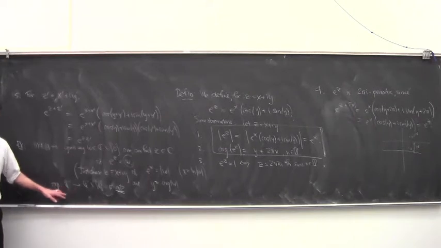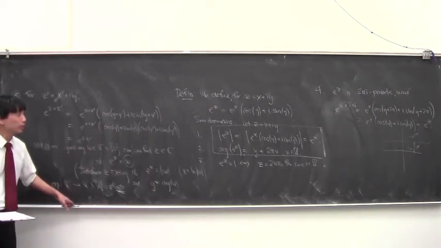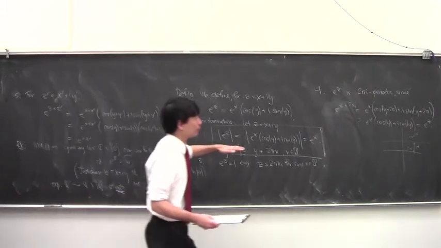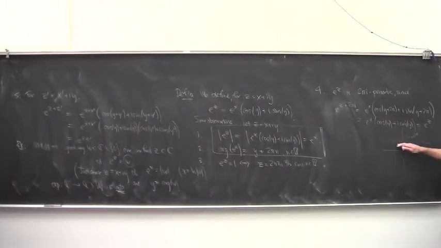Okay. In fact, it's much more than onto. Remember what we said. The thing is 2 pi i periodic, so whatever the image is, that whole image is going to occur in a strip of height 2 pi. So it maps each of these strips onto the complex plane minus the origin, and it does it again, and again, and again. So infinitely many times, it maps onto the complex plane minus the origin.